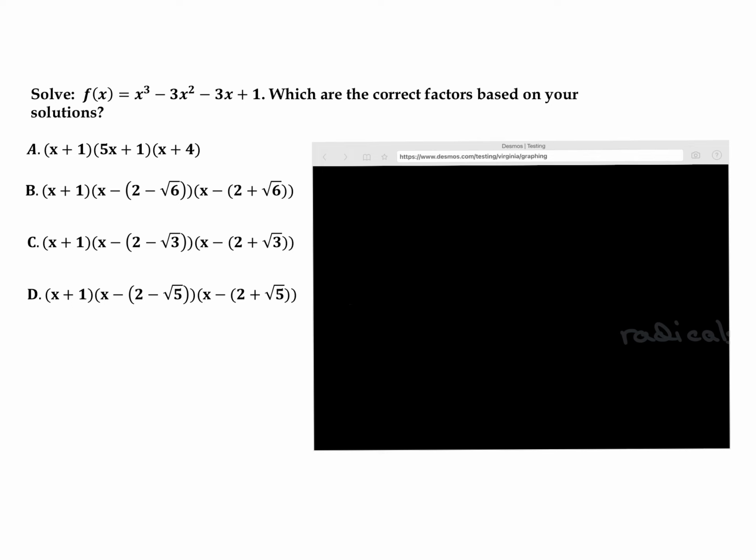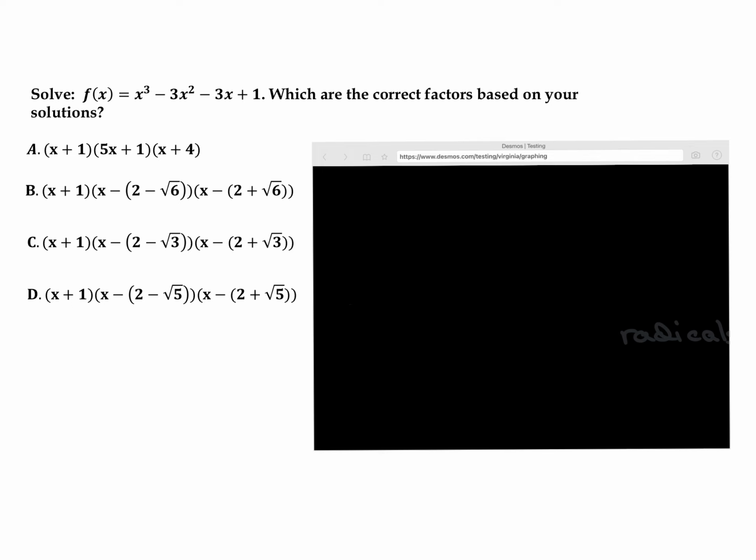I'm now going to type in the second radical, which is 2 minus the square root of 3. And I get 0.267. And look what happens. We have 0.268. That matches.